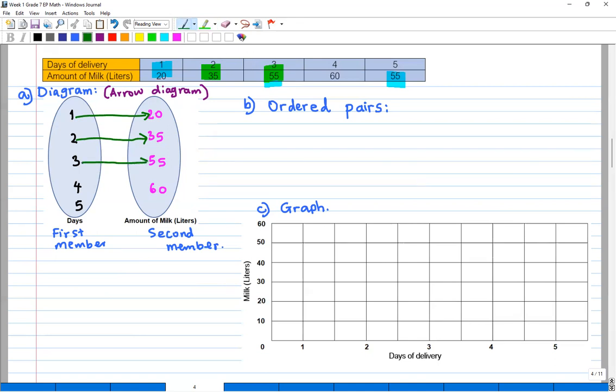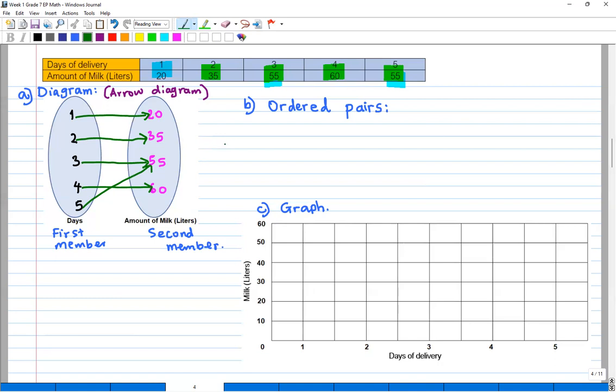Next, we have 4, 60. And then we have 5, 55. So that is what we call the arrow diagram. So it is showing the relationship between days of delivery and amounts of milk.